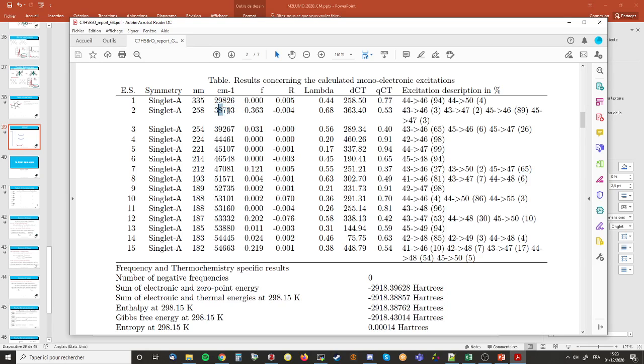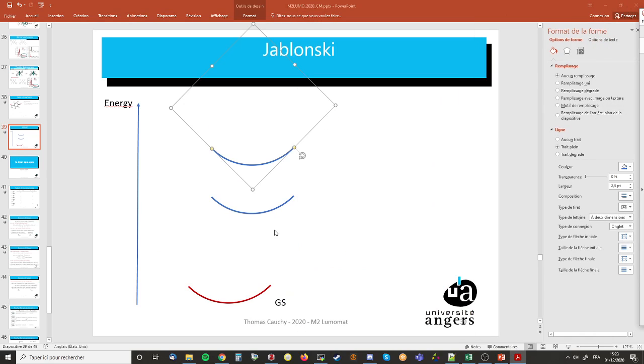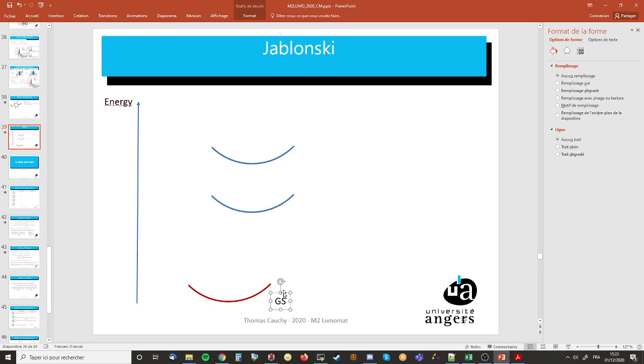And you have a second excited state with a huge oscillator strength at 39,000 wave number. So I will write this ES1.